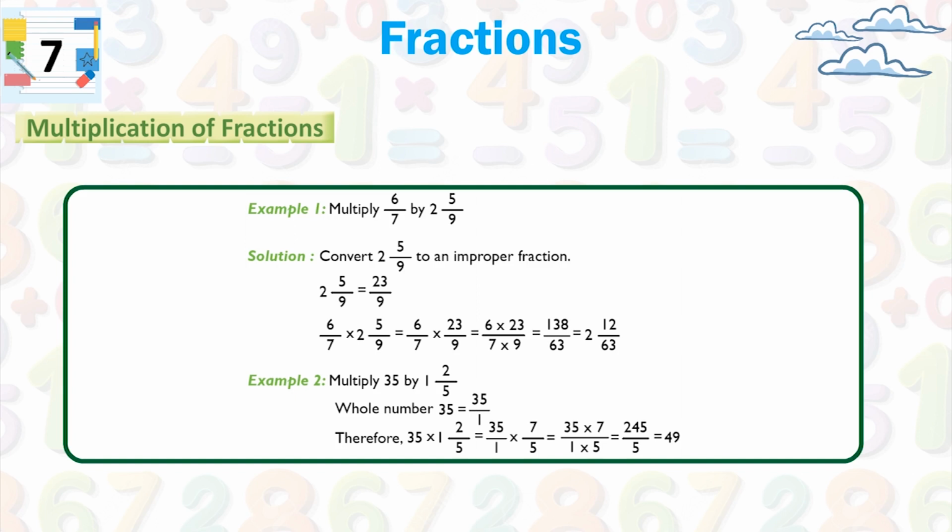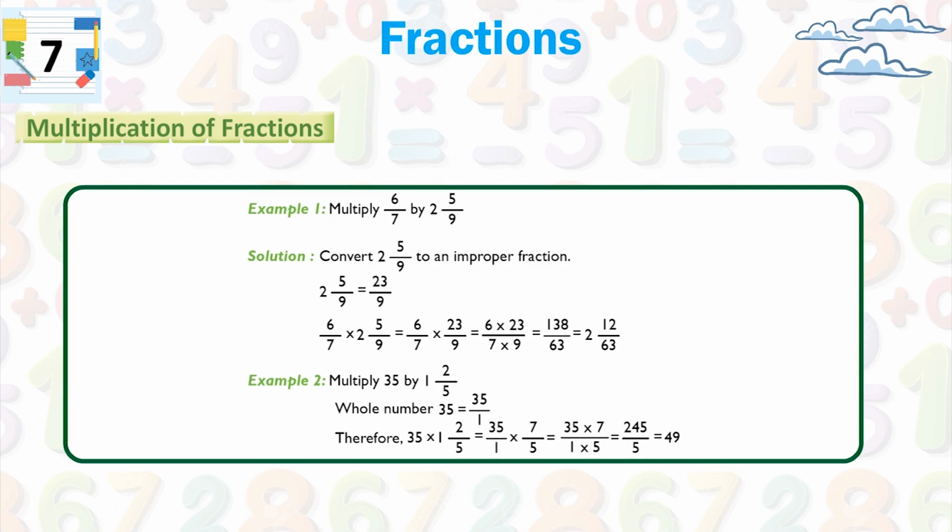Convert 2 5/9 to an improper fraction. 2 5/9 is equal to 23/9. 6/7 into 2 5/9 is equal to 6/7 into 23/9 is equal to (6 into 23)/(7 into 9) is equal to 138/63 is equal to 2 12/63.